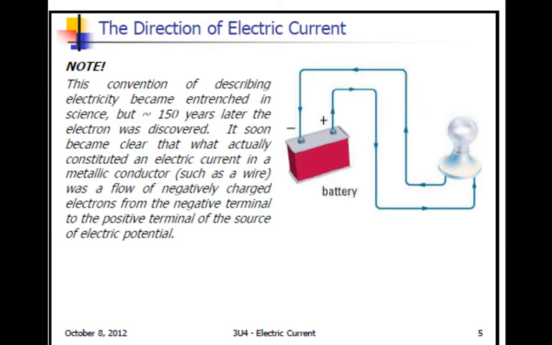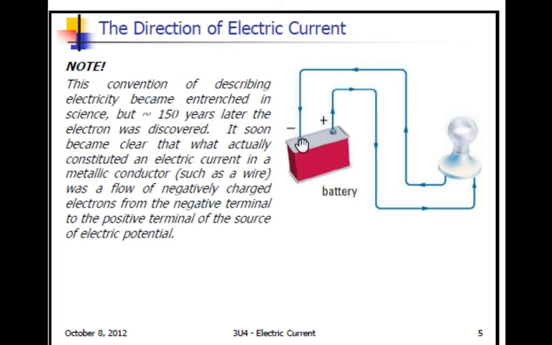When the electron was discovered, there was a chance to understand electricity a bit more, and it was determined that what's actually happening when that charge is flowing is the flow of electrons going from one atom to another, to another, inside of a conductor. And that flow of electrons actually occurs in the opposite direction.